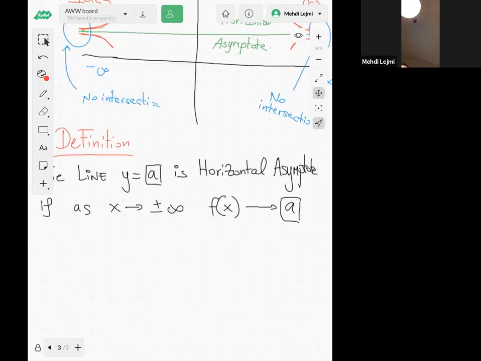Of course, once you know how to find the asymptote. So the question now is how do we find the horizontal asymptote?